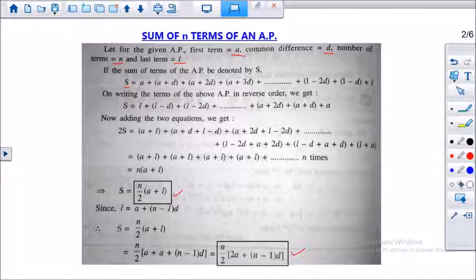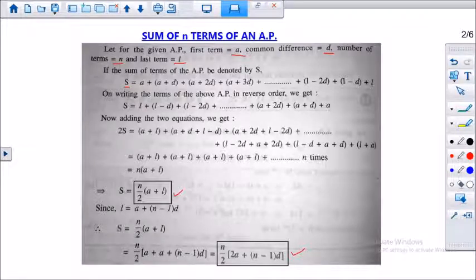S equals A, the first term, plus (A plus D), the second term, plus (A plus 2D), the third term, and so on. L will be the last term, and before the last term it will be L minus D. Second previous, L minus 2D.